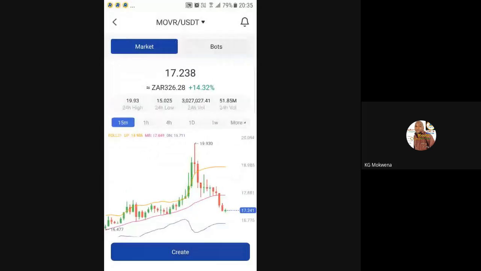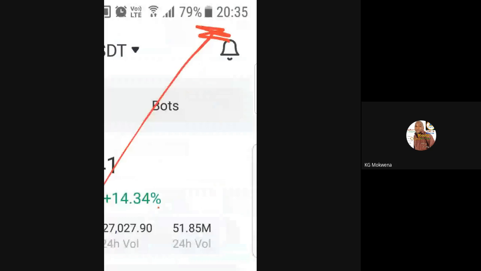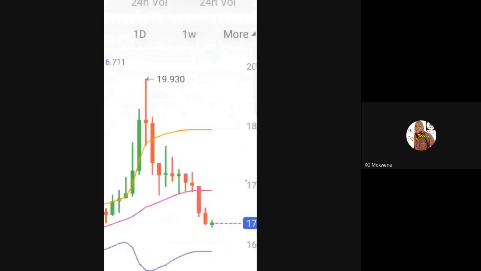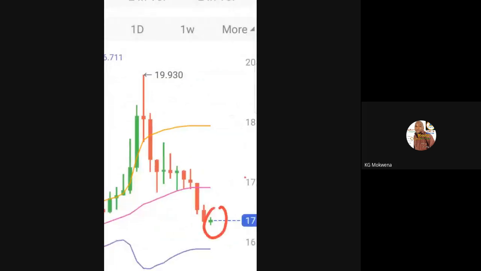Me talking has actually contributed positively, because as we were busy talking, remember we are on the 15 minutes chart, and already since our time of the meeting, you can see on the top there we have 2035. It means at 2030 a new candlestick was triggered by the market. So this is beautiful. You can see now at the moment it's issuing some green candlestick.